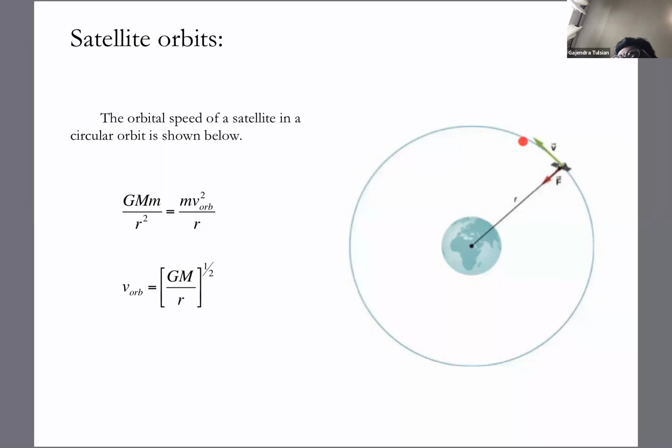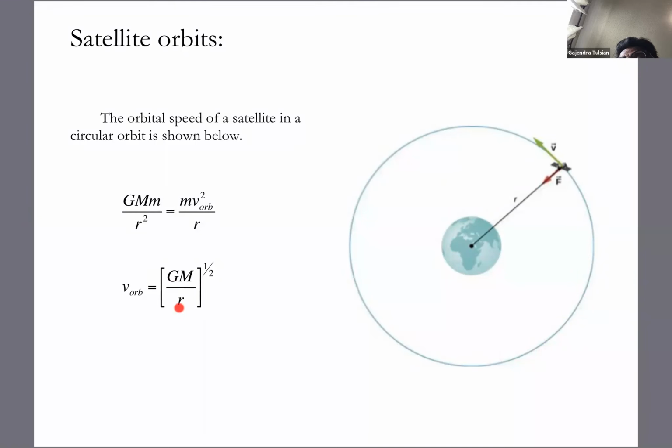So the orbital speed of the satellite around the Earth, or the orbital speed of any object orbiting a heavy mass, is given by the square root of G times the mass of the central object divided by the distance at which you're orbiting.